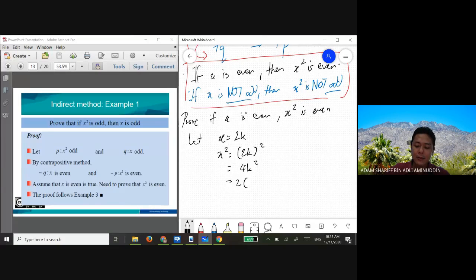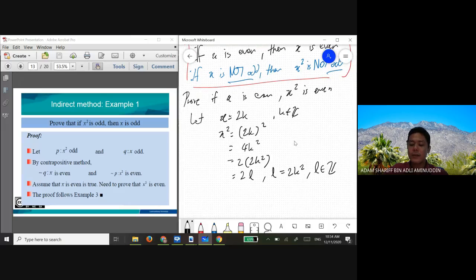Jadilah 2k squared jadi 2l. So I just proved to you that if x is even, then definitely x squared will be even.